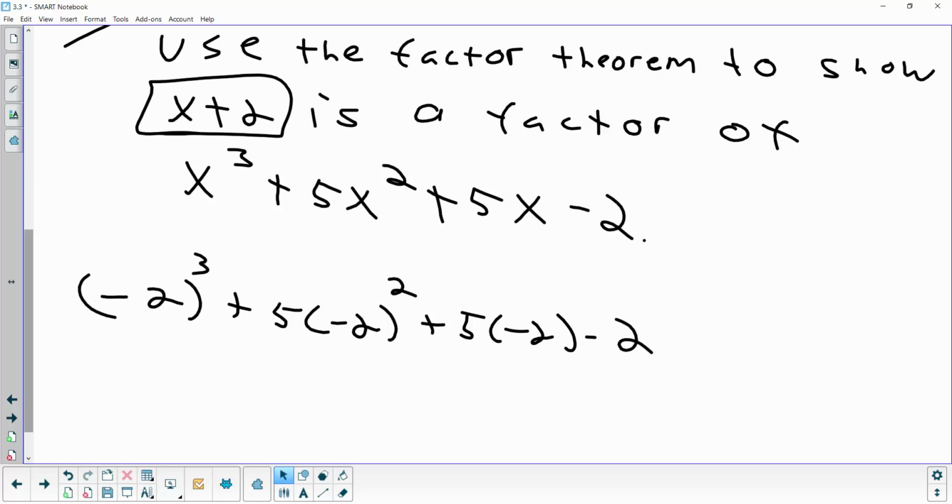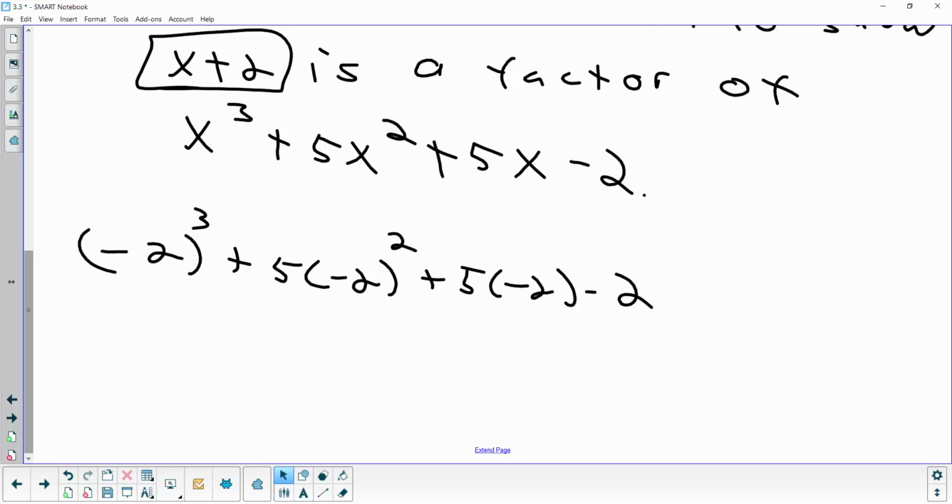Okay, Tyler, what's -2 cubed? I don't have the biggest brain for it now. Well, think about what that means to do. Negative 2 cubed means to do what, 2 times what? 2 times 2, except negatives.